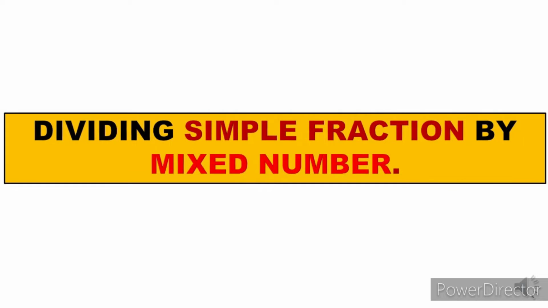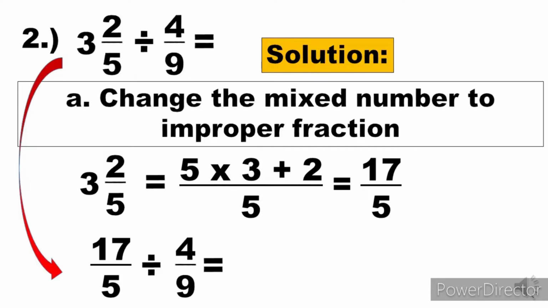Okay, next, dividing simple fraction by mixed number. Okay, this is number 2 example. Mixed number 3 and 2/5 divided by 4/9. Okay, so this is the solution. First is to change the mixed number to improper fraction. So, to change 3 and 2/5, i-multiply lang natin yung denominator sa whole number and then i-add natin sa numerator.